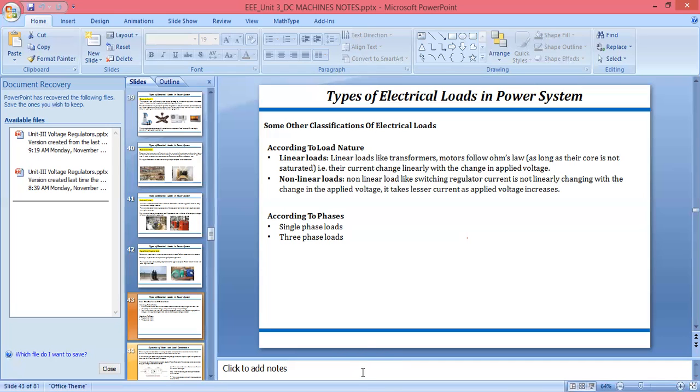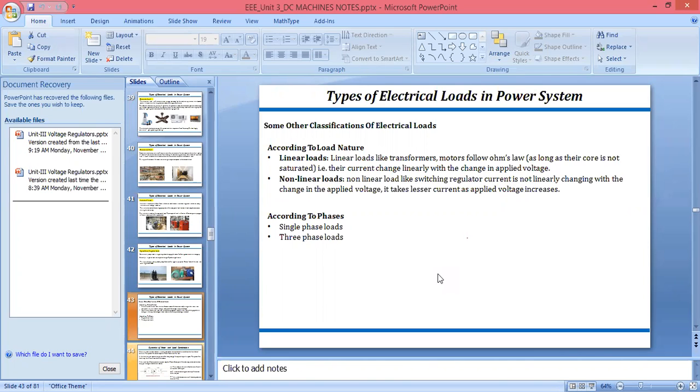Then we have to see about the non-linear load. Non-linear load means the value of current is not linear with the applied voltage. It means if we are increasing applied voltage, at that time current will not necessarily increase.